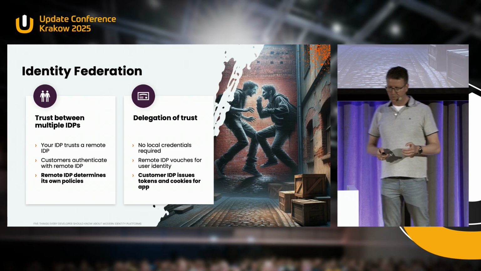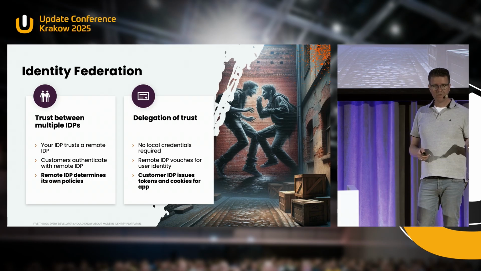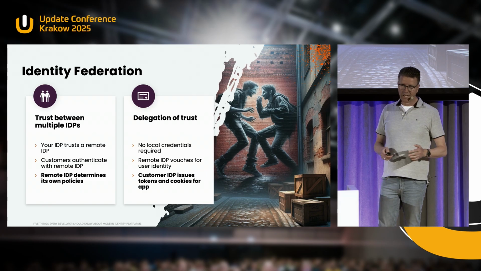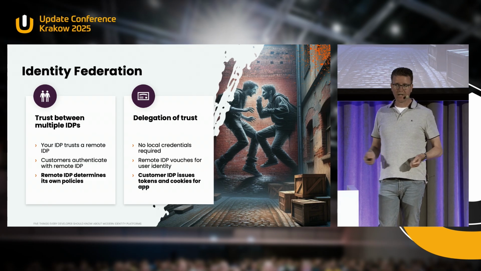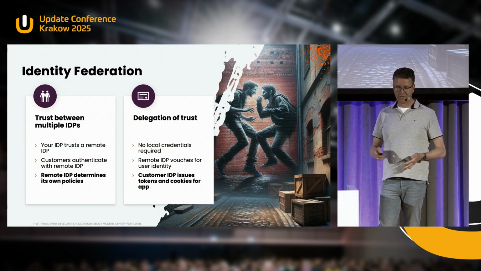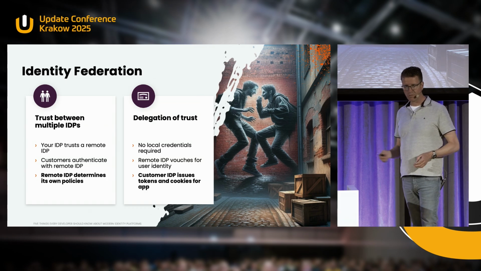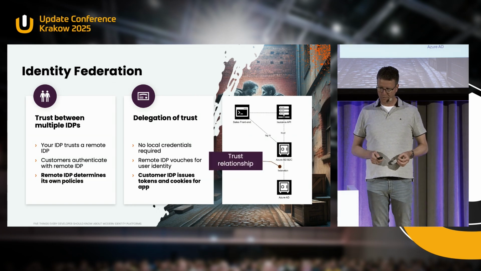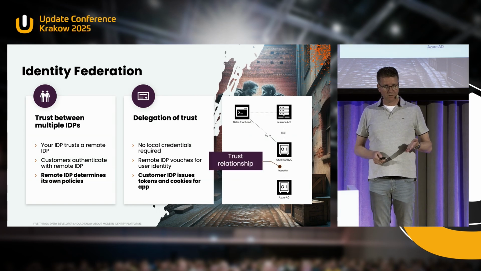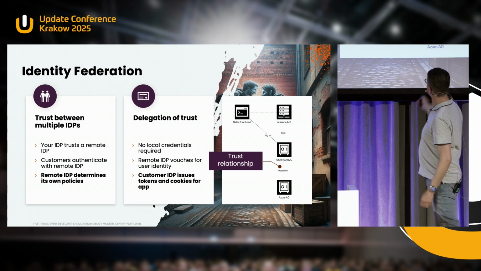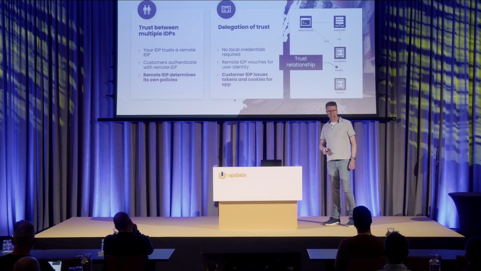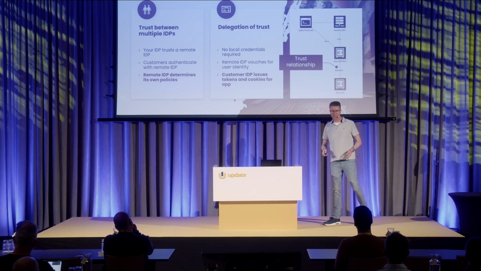So the cool thing is, if you do this right, then you can have as many IDPs as you want, and you can have end users log in to the IDP that they want, but still in your app, keep it really simple with just Azure AD B2C or any other IDP that supports this. So this is the way it works. You add a trust relationship, for example, between Azure AD B2C, which is the consumer IDP, and then Azure AD or Entra ID, which is the corporate IDP.